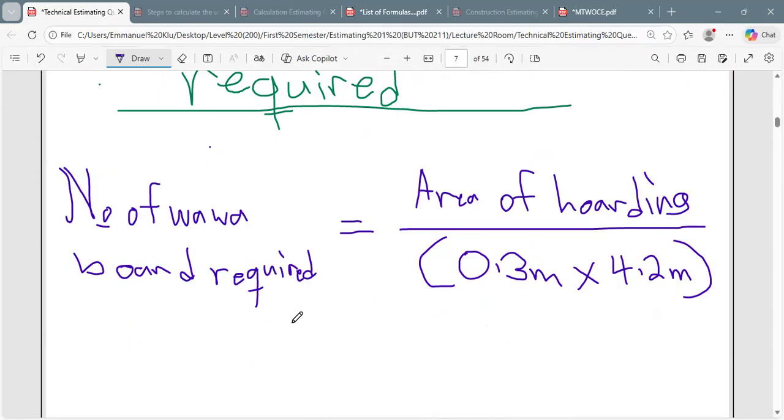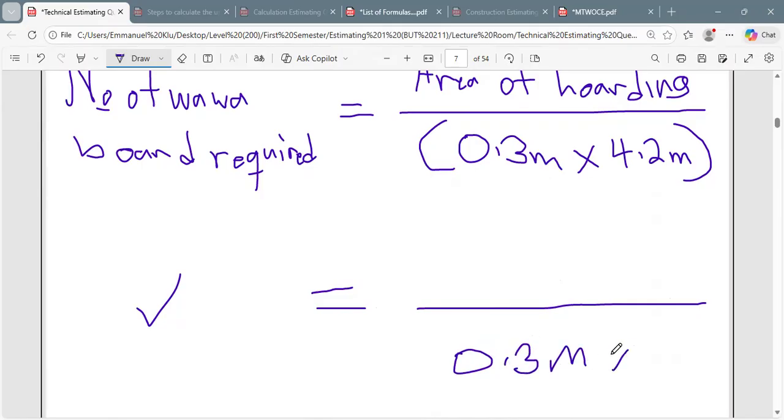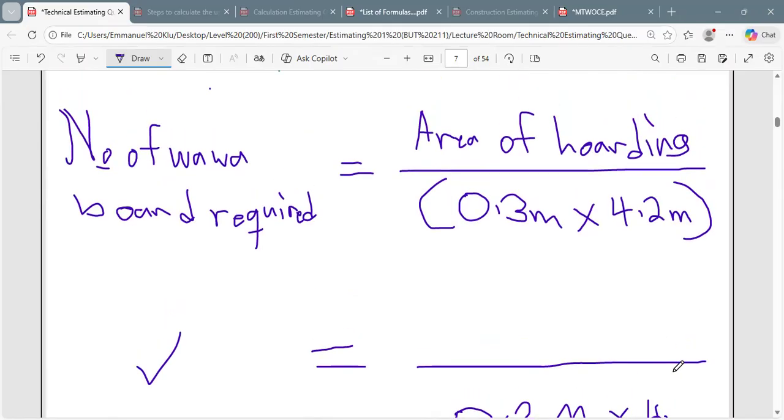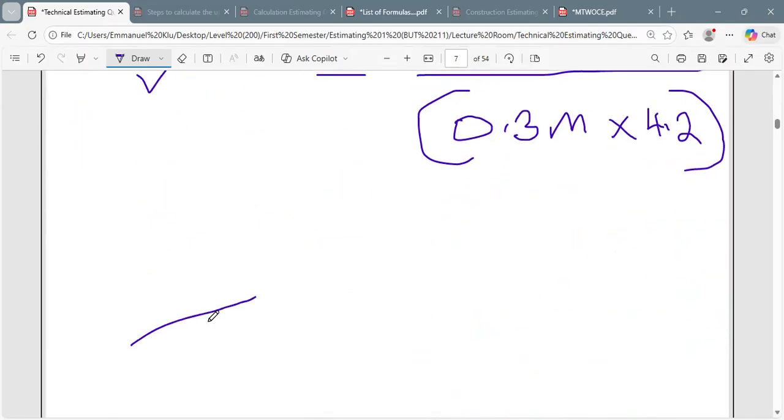Okay, so let's just key in the values, and then let's see how best we can travel. So this is 0.3 meters times 4.2. If you take our own wire board that we have been using, this side is equivalent to 1 foot, and 1 foot is equal to what?